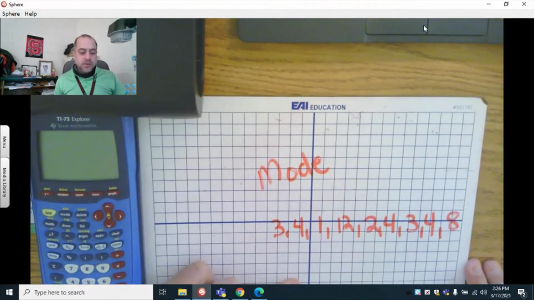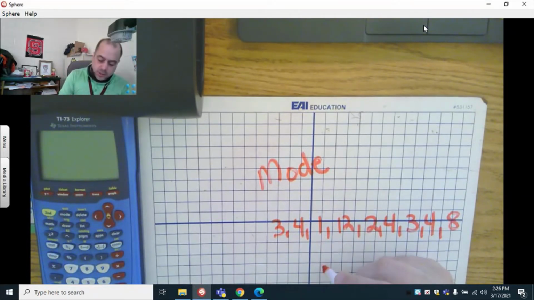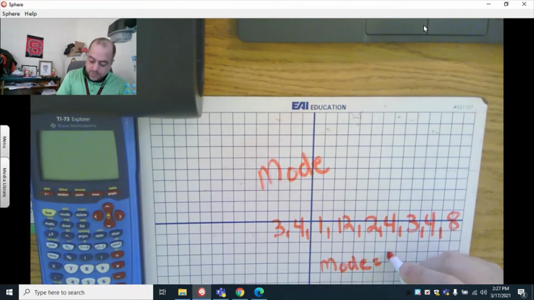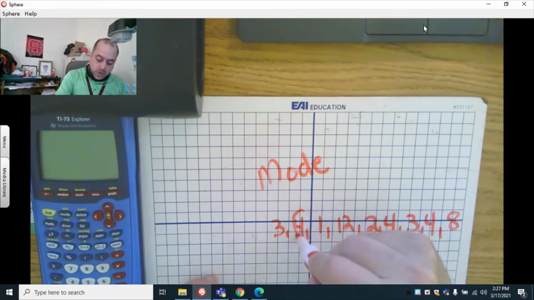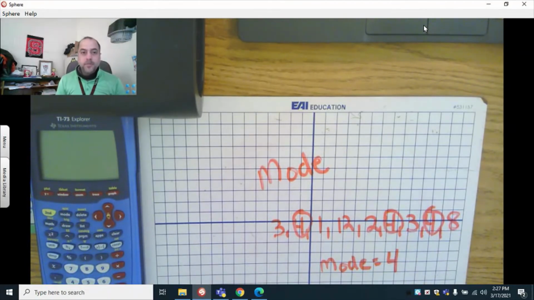So what number do you see the most? How many 3s are there? There are 2 3s. There's 3 4s. So the mode equals 4 because there's 1, 2, 3 of them. The mode is 4.